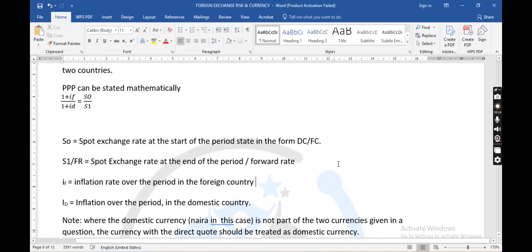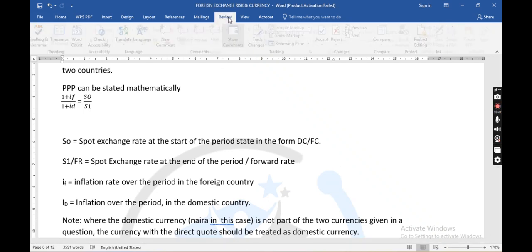Okay, let's say, where is this sign here? I can't find the sign. Let's have to check the symbols.